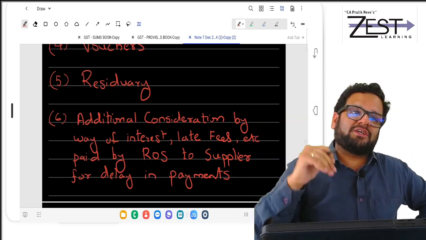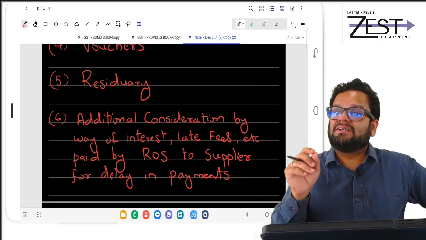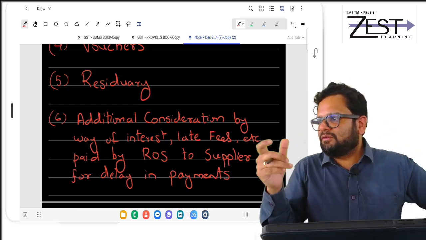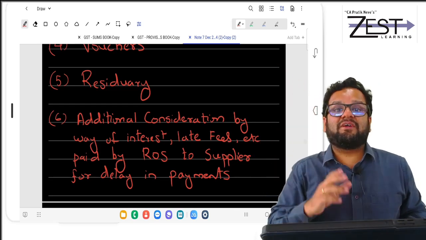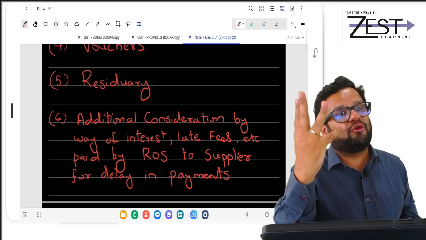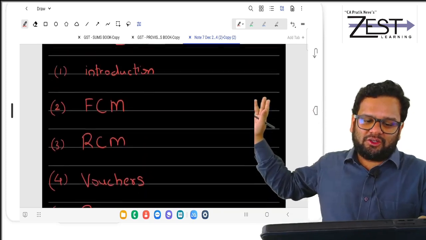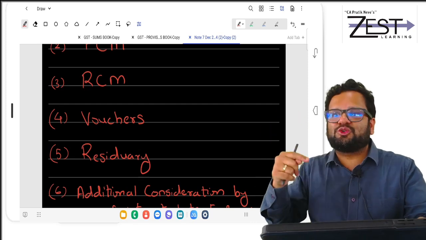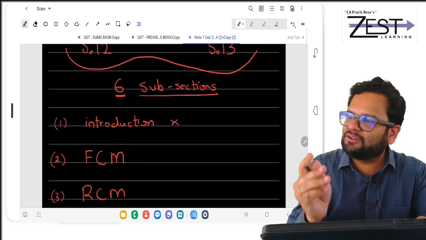So for that voucher, time of supply will depend on whether that voucher is for goods or services. That voucher is for goods, so we'll go to section 12. And for vouchers, it is subsection 4. So 1, 2, 3, 4, 5, 6 are about similar issues. 1 is introduction.